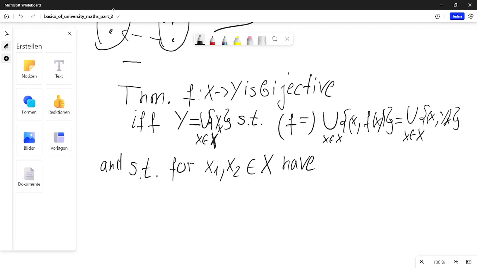We have x1, x2, x1 comma x2, x1 comma x2, and simultaneously.